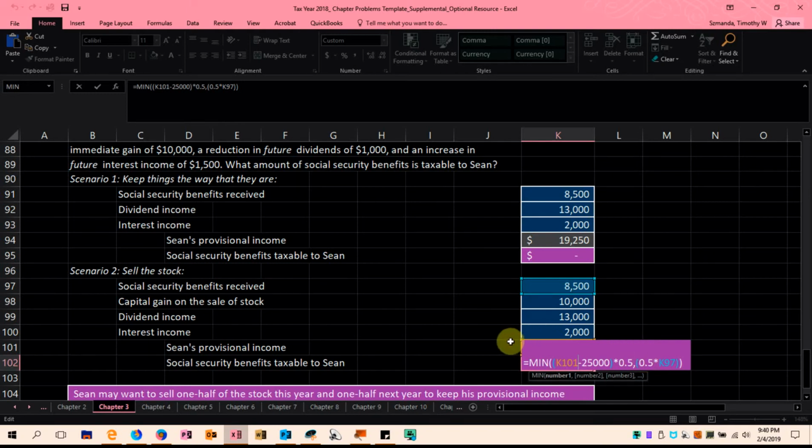The calculation is that we take Sean's provisional income, deduct the $25,000 lower limit threshold, and multiply that by 50%. So we take half of the difference between his provisional income and the lower limit of $25,000, as prescribed on page 3-12.